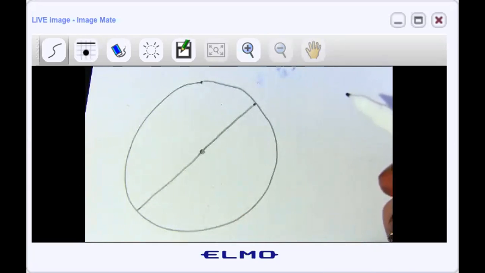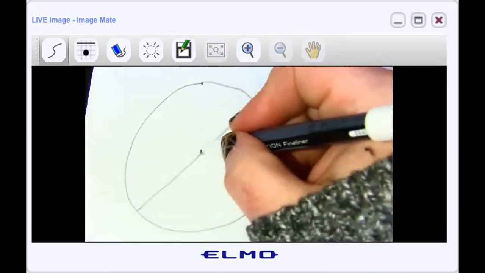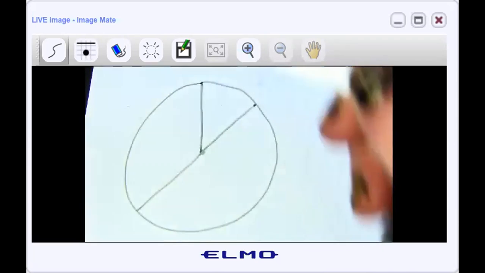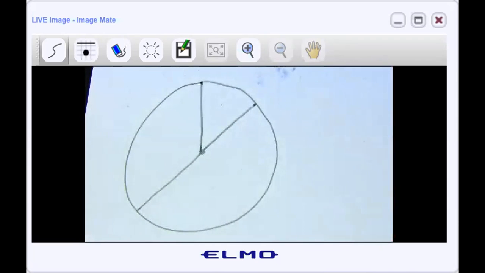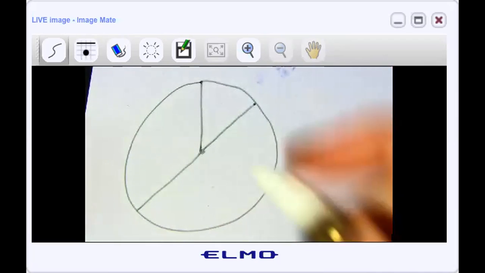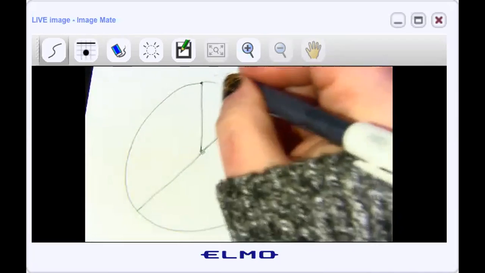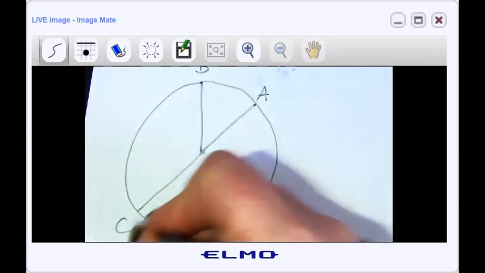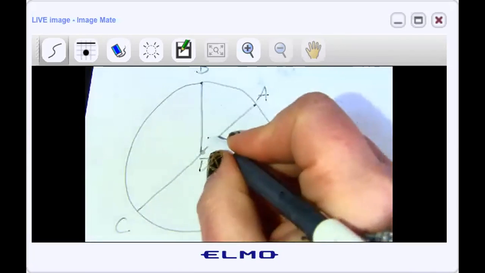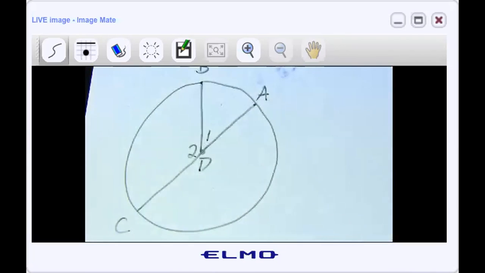No, that thing is a diameter. If it looks like a diameter, it's a diameter. So let's put a couple of things here. Let me give you some letters: A, B, C, D. Let's number some angles.